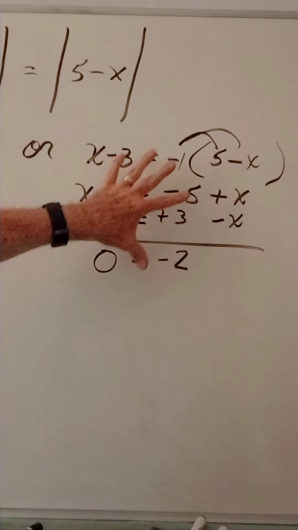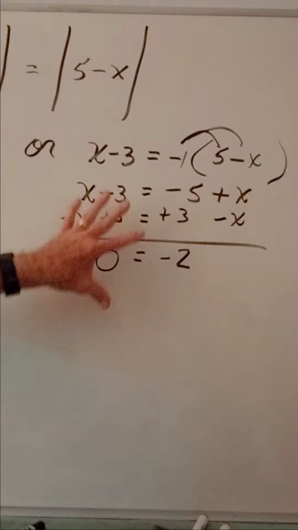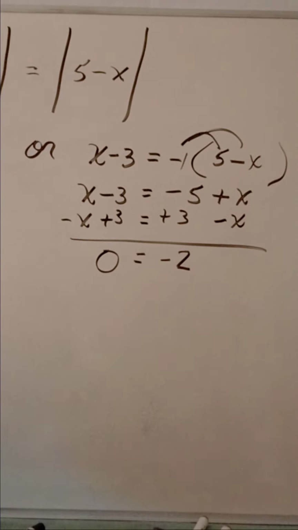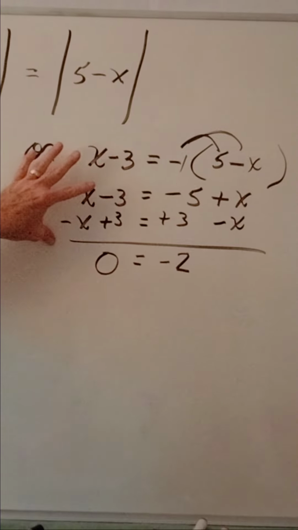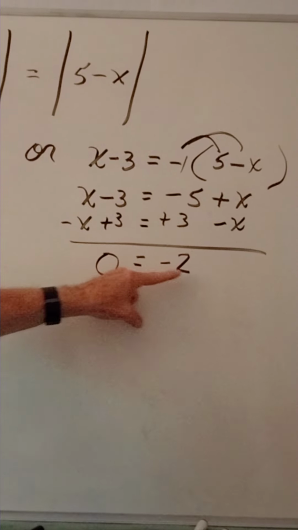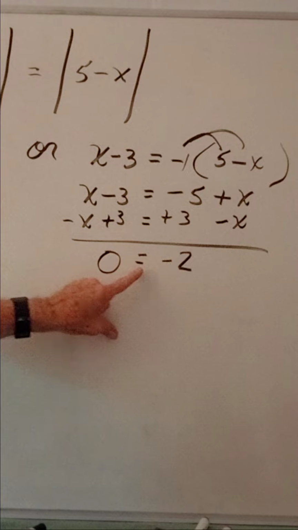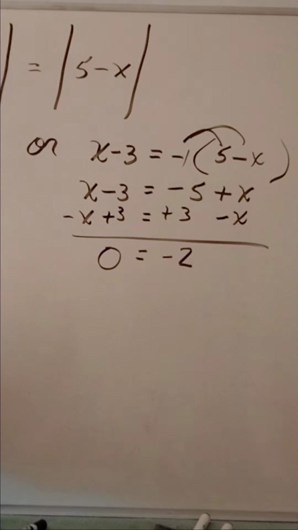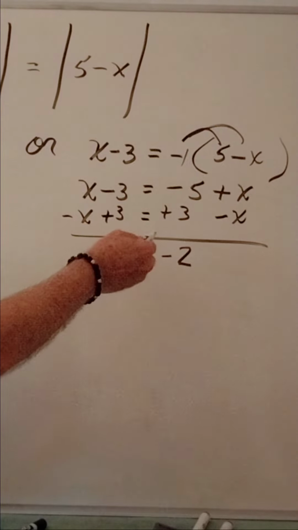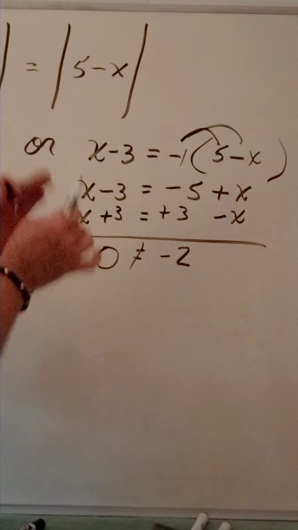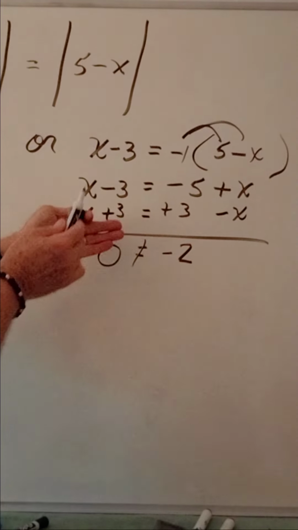This equation has no solution. And the reason? The variable term got eliminated, and we ended up with a numerical statement down at the bottom that is not true. They're not equal to each other. So the solution to this equation is no solution or an empty set.